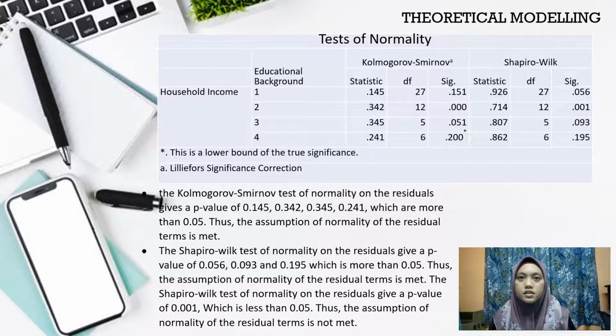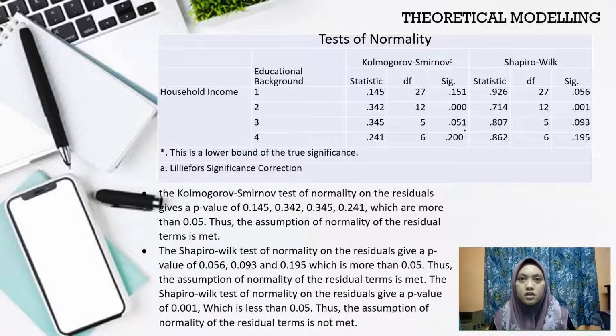The last one is test of normality. The Kolmogorov-Smirnov test of normality on the residual gives p-values for educational background of more than 0.05. Thus, the assumption of normality of the residual term is met.